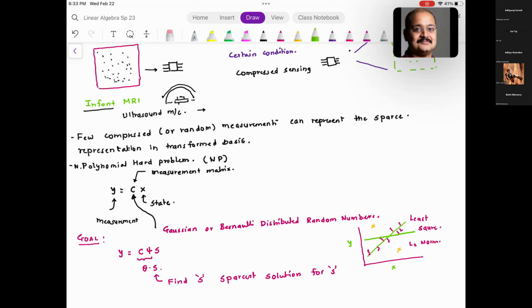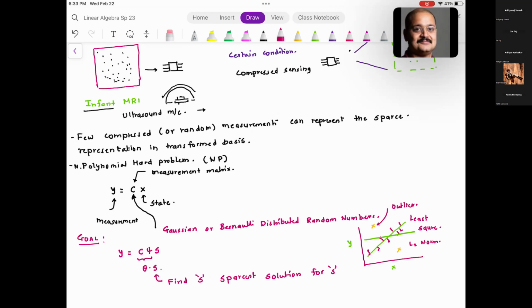I'll explain that in just a second. Just bear with me. If you have some outliers, then my solution, or my straight line that is the best possible fit, is not correct, because it may be true in L2 norm, but it doesn't represent the data.